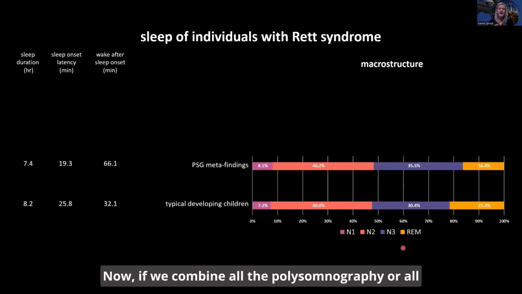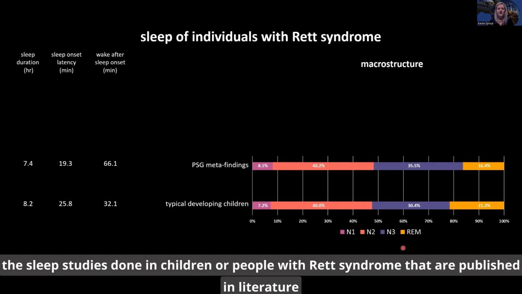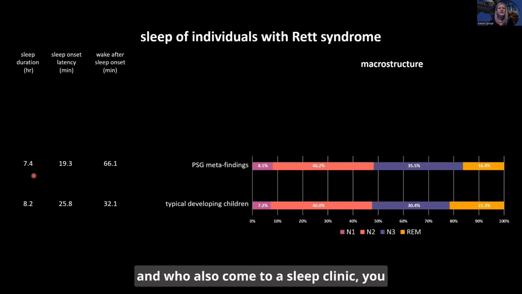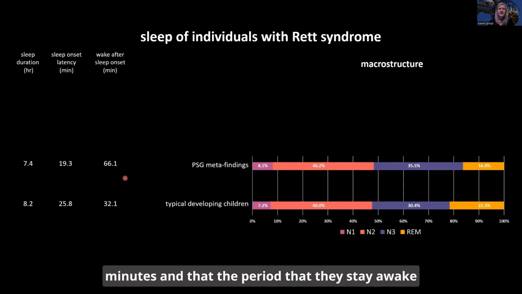Now, if we combine all the polysomnography or all the sleep studies done in individuals with Rett syndrome that are published in literature, and who also come to a sleep clinic, you see that they sleep about 7 hours, that the sleep onset latency, so the time to fall asleep, is about 20 minutes, and that the period that they stay awake throughout this sleep duration is around 66 minutes.